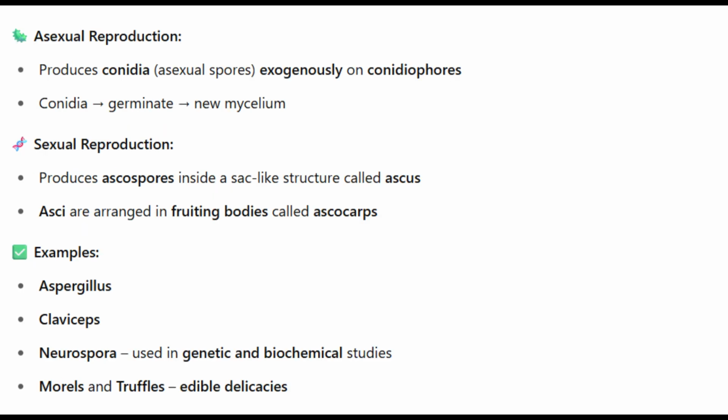Asexual reproduction: produces conidia, asexual spores, exogenously on conidiophores. Conidia germinate into new mycelium. Sexual reproduction: produces ascospores inside a sac-like structure called ascus. Asci are arranged in fruiting bodies called ascocarps. Examples: Aspergillus, Claviceps, Neurospora.